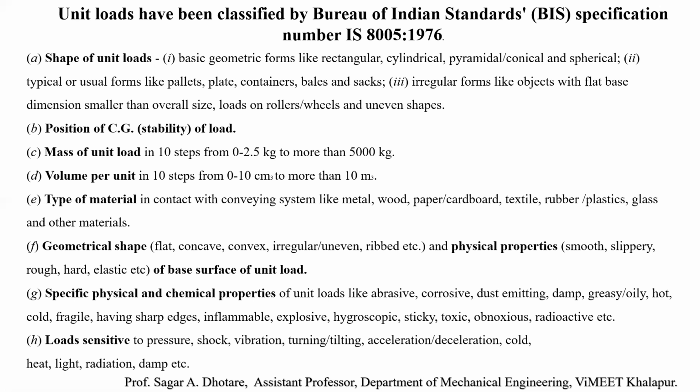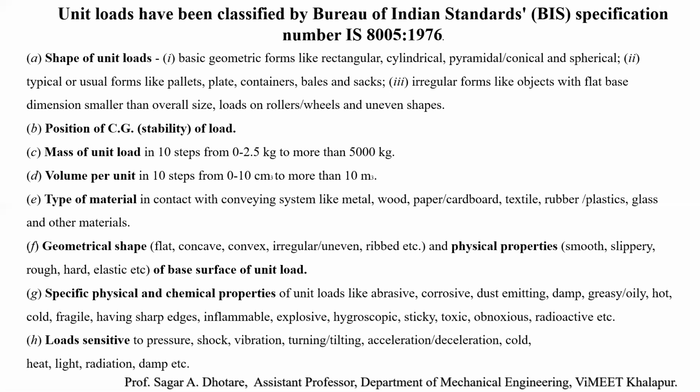Then volume per unit, in 10 steps from 1 to 10 cubic centimeters to more than 10 cubic meters. Then based on the type of material in contact with the conveying system, like metal, wood, paper, cardboard, textile, rubber, plastic, glass, and other materials.